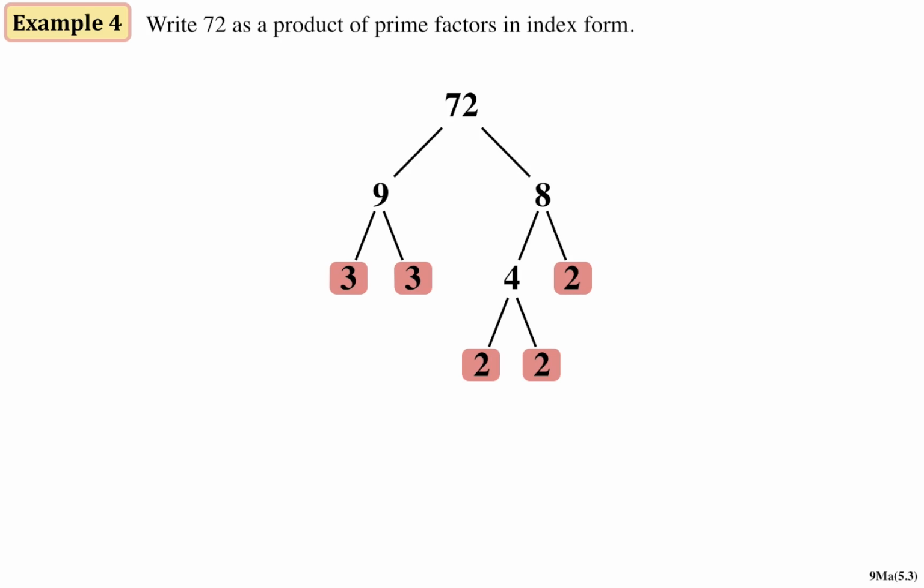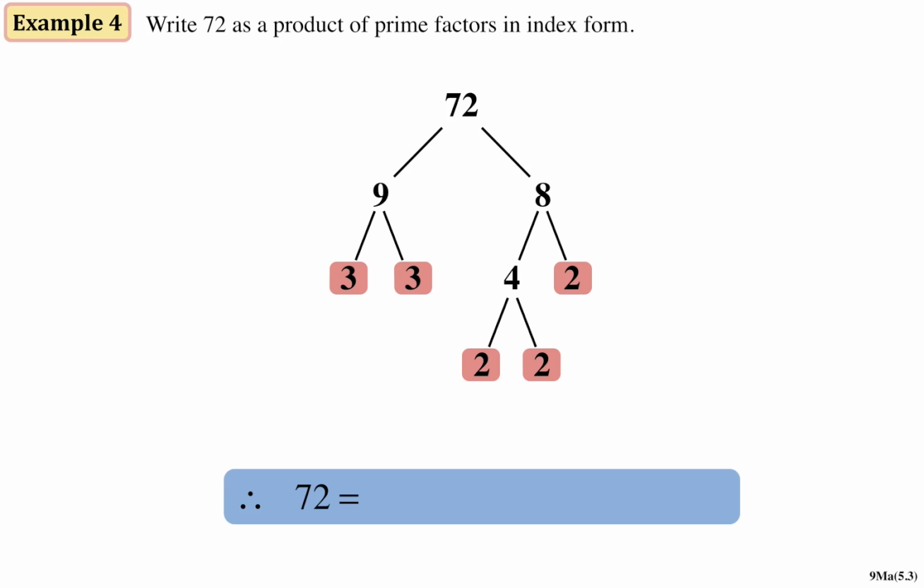So 72 is actually just all of those prime numbers multiplied together. So I've got 2 times 2 times 2 times 3 times 3, and there's my answer. And if I write it in index form, I've got 2 times 2 times 2, 3 number 2's, and I've also got 3 times 3, 3 squared, because I've got 2 number 3's. And there's my answer in index form.